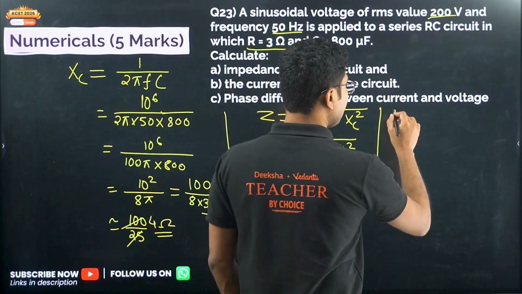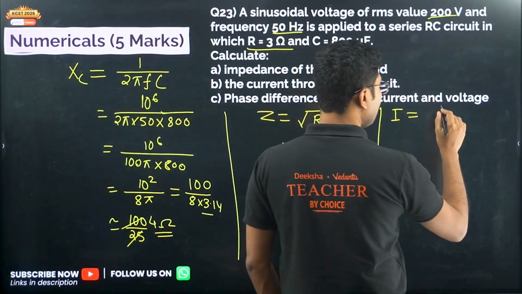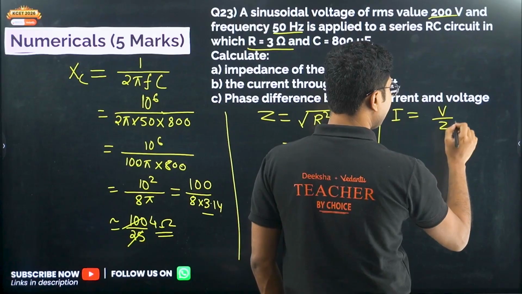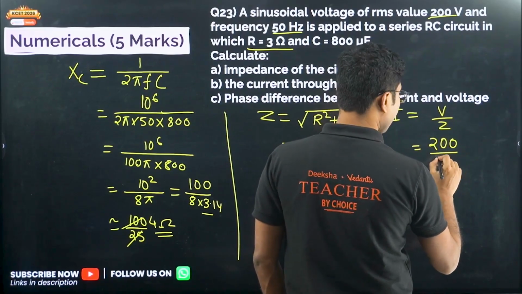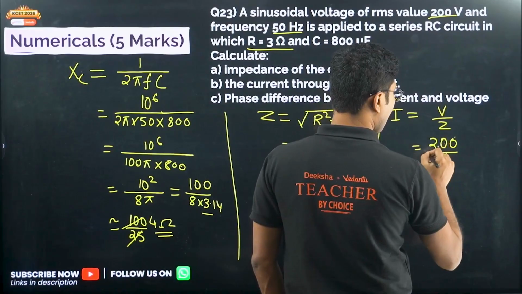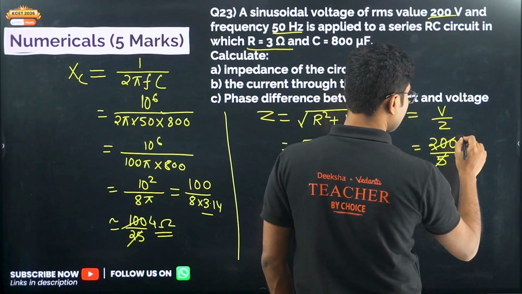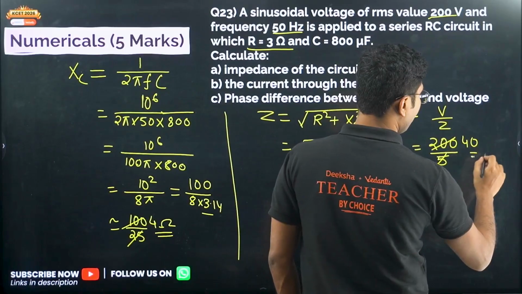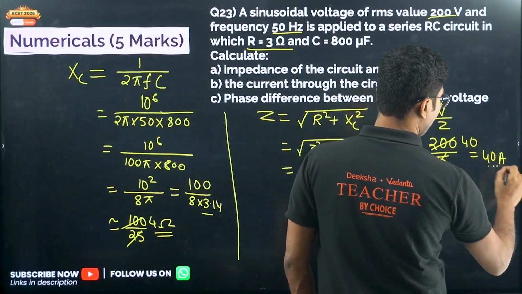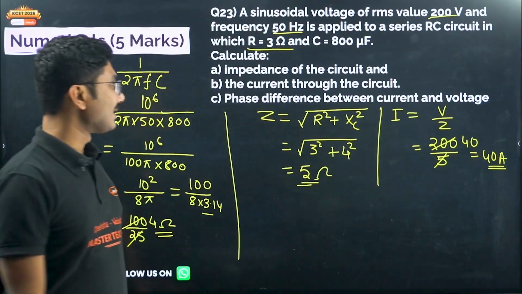So current must be equal to the voltage divided by the impedance, which is 200 divided by 5. Okay, so that is 40 ampere. So 40 ampere is the current in the circuit.